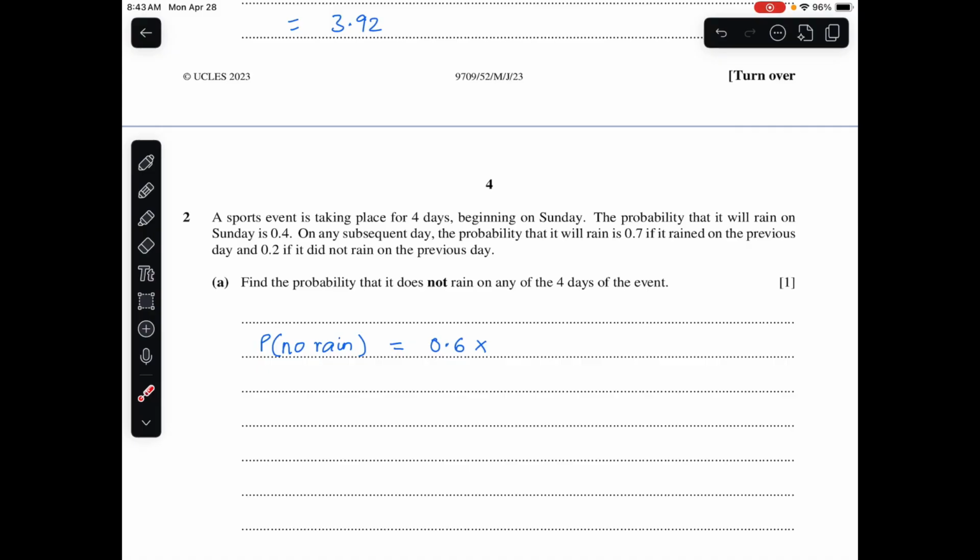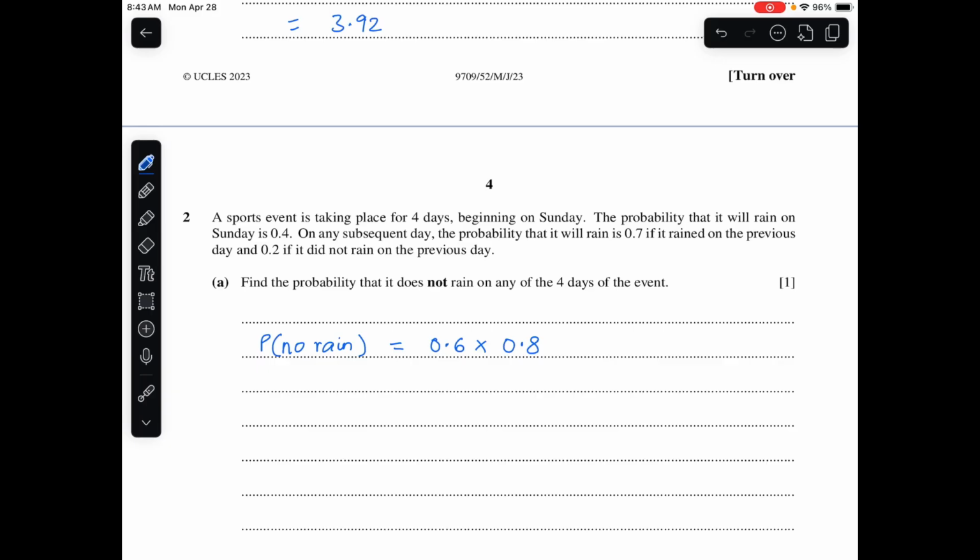On any subsequent day, it will rain with probability 0.7 if it rained on the previous day, and 0.2 if it did not rain on the previous day. So you've got to understand that the probability of raining is 0.2 if it didn't rain on the previous day. So if it didn't rain on the previous day, the probability of not raining would be 0.8.